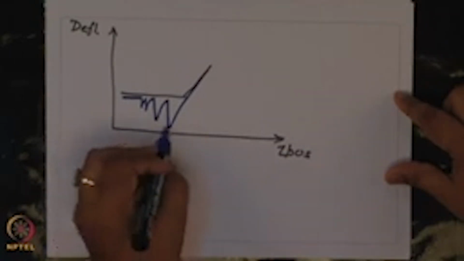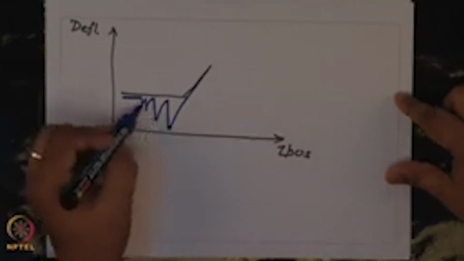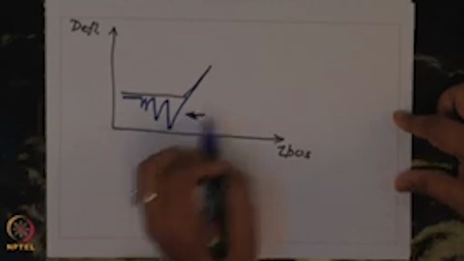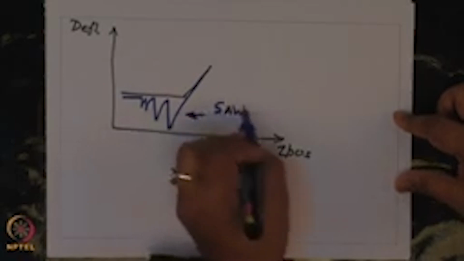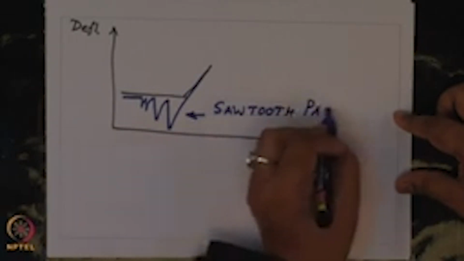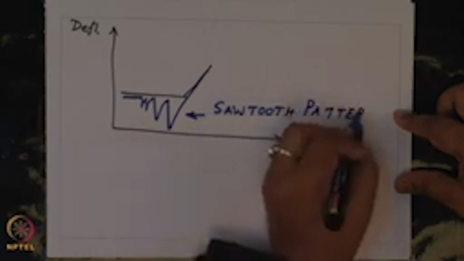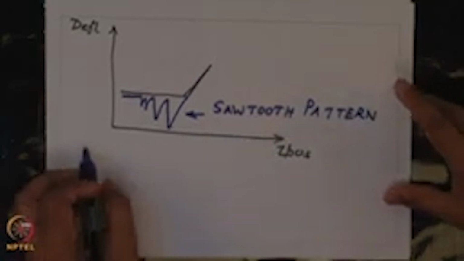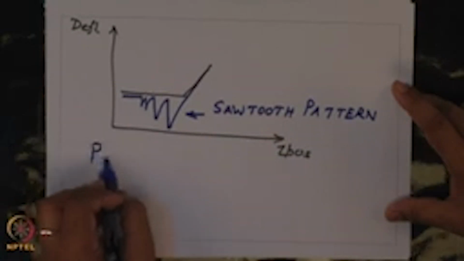So, what you see on the retraction is the formation of these multiple bumps. This pattern is called a sawtooth pattern, and if you get this, then you are convinced that this is associated with protein unfolding.